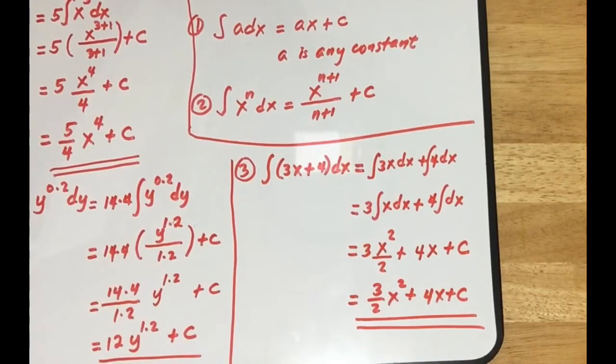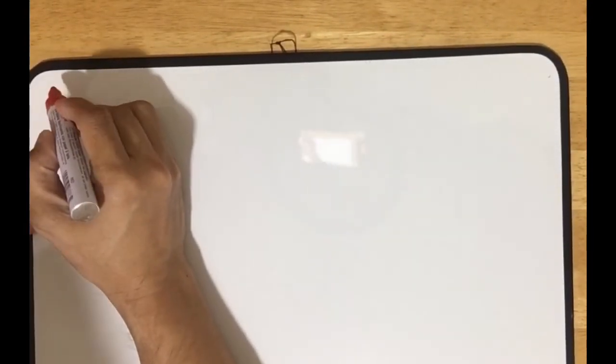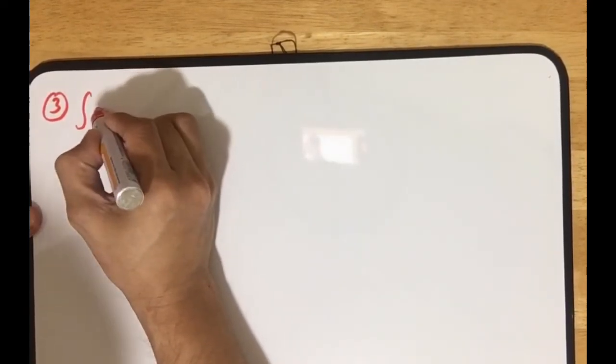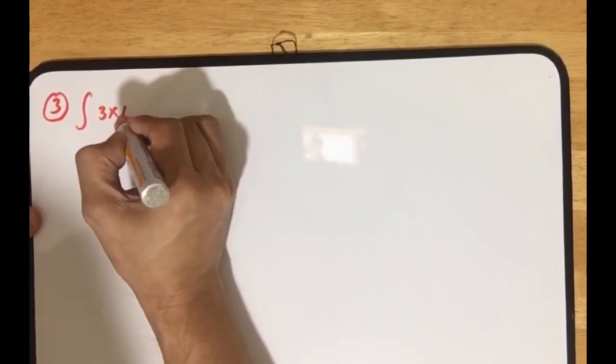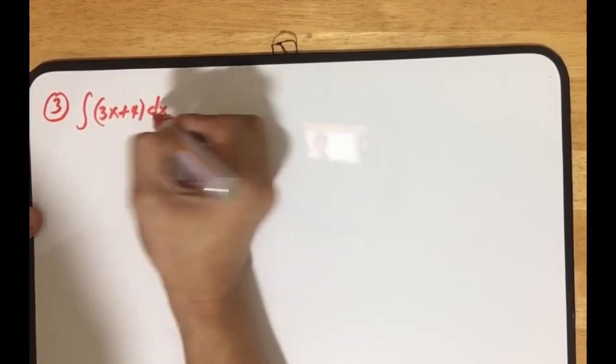I will show you another solution, class. For that example, you can also do it this way. I will do example number 3 again. We're given the integral of 3x plus 4 times dx.